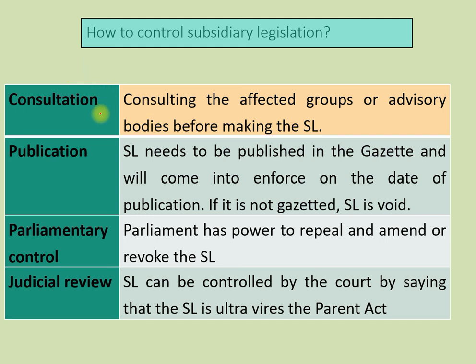Sometimes it is made through consultation by a group of people. Sometimes it needs to be published. Sometimes it is through parliamentary control and also judicial review. Judicial review means a party may challenge the regulation in court, for example on the ground that it is ultra vires.